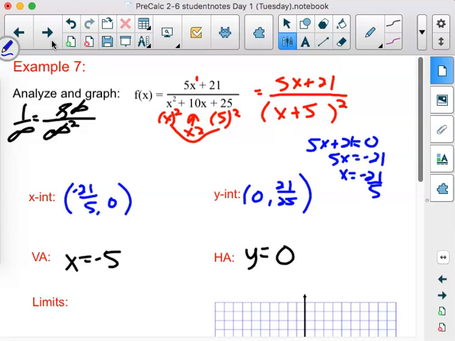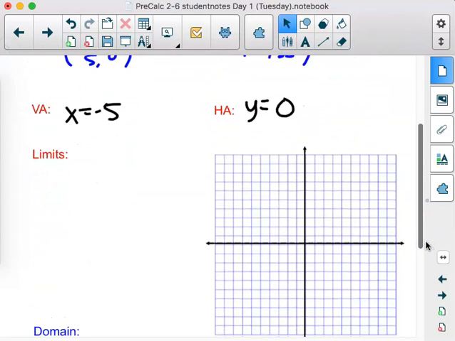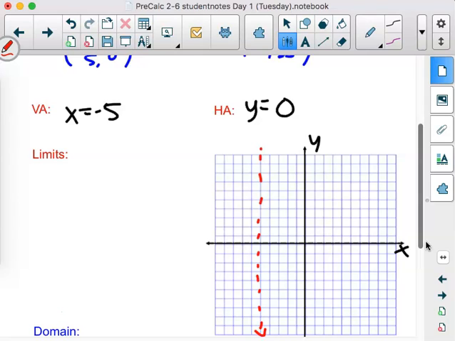Well, let's get our vertical asymptote and horizontal asymptote on our graph. There we go. Just going to graph them backwards.